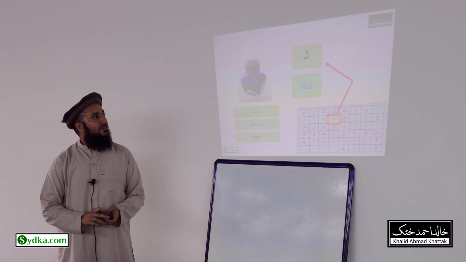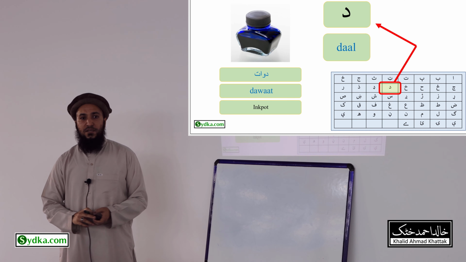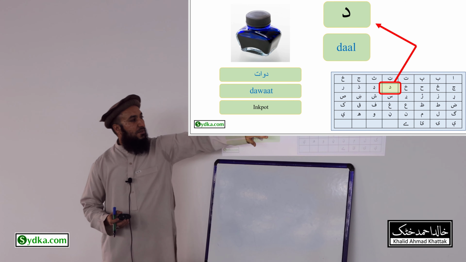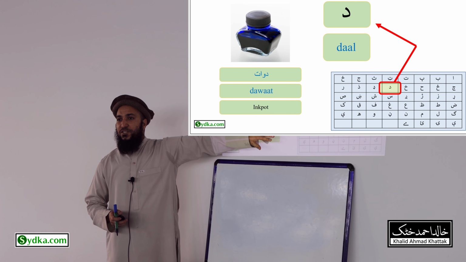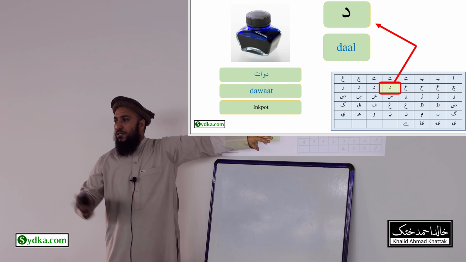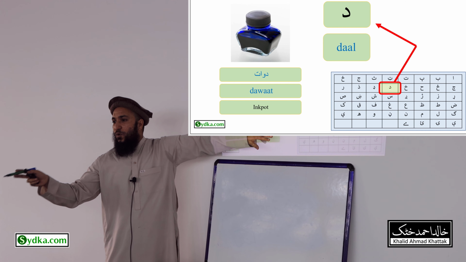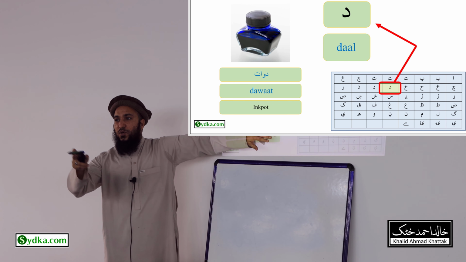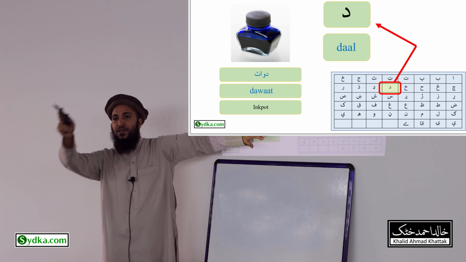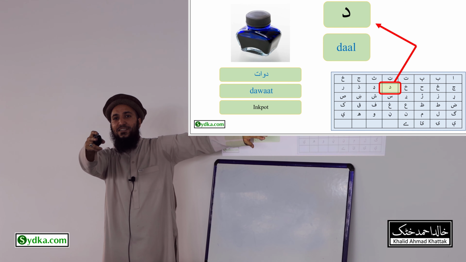Next one. Remove, hide the transliteration. Dawat, yeah.